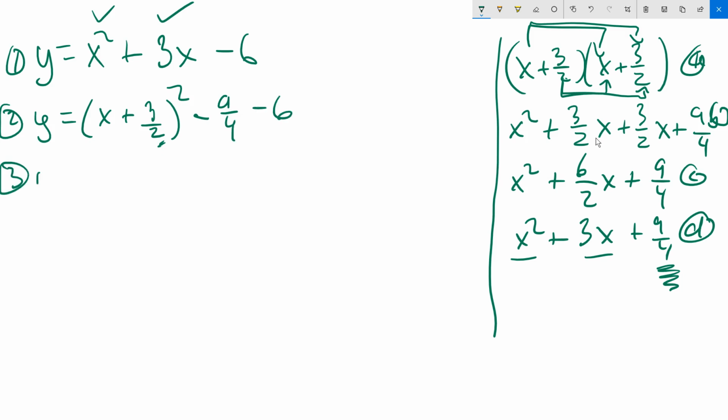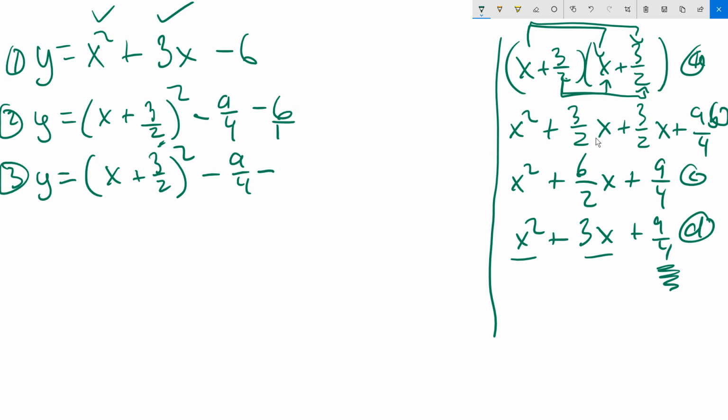Then let's move on to step 3. I'm going to have y equals x plus 3 halves squared minus 9/4. And then here I need to put the negative 6 so it shows a 4 in the bottom. Remember, any whole number like 6 or negative 6 is really negative 6 over 1. Now I need to re-express negative 6 as something over 4 so I can do the subtraction of the fractions.